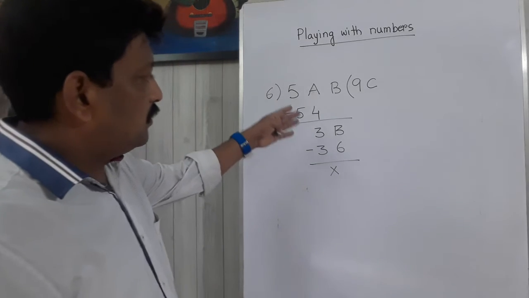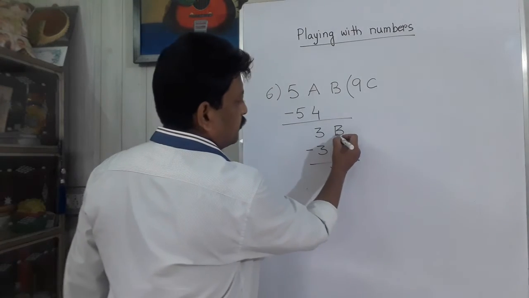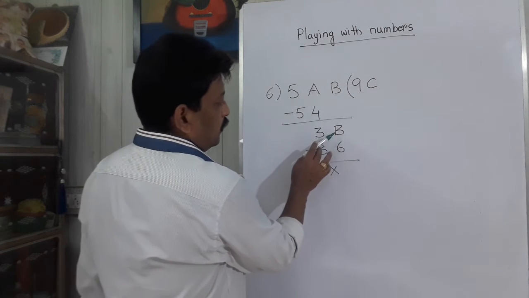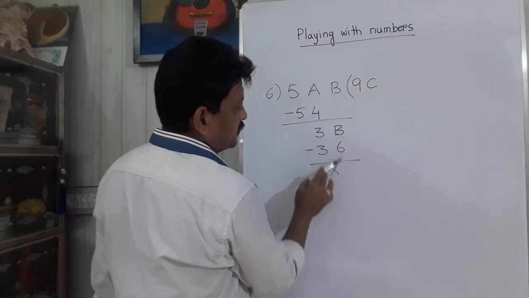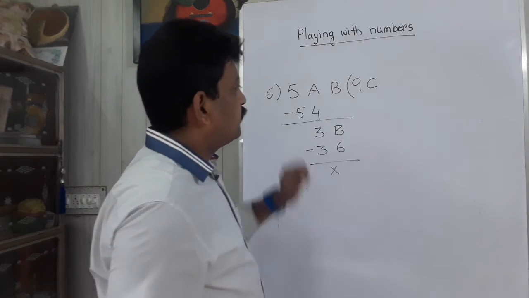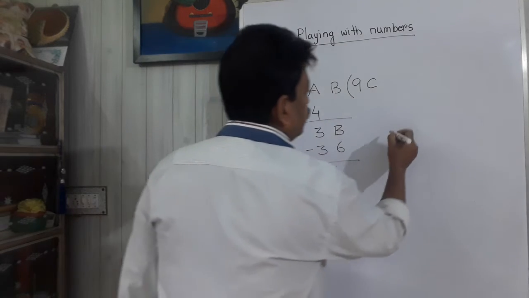Now you can see it is very easy. As you see the last step, which number minus 6 gives 0? It is 6 only. So it is clear that B will be 6.